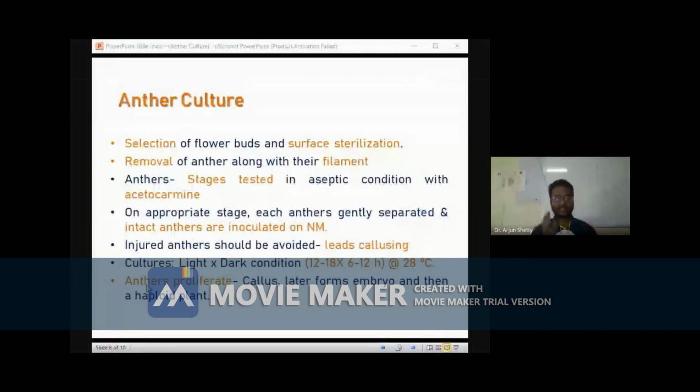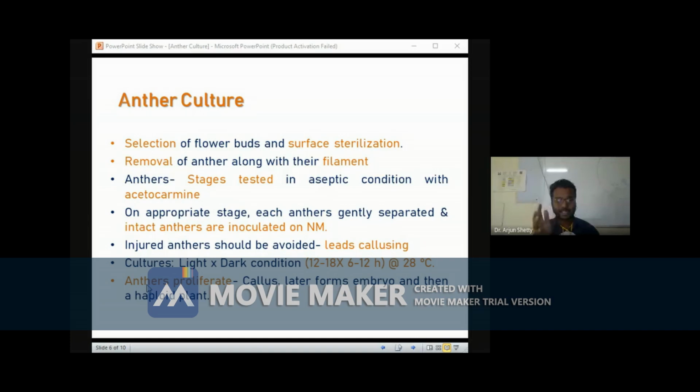Usually surface sterilization can be done with a low concentration of mercuric chloride, sometimes with antifungal agents, and sometimes with a low concentration of ethyl alcohol. These are majorly used as surface sterilizing agents to remove adherent or surface contaminants. After the surface sterilization of the flower buds, we need to go for removal of anthers.